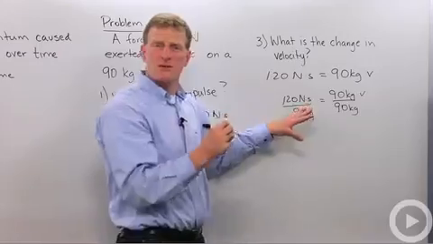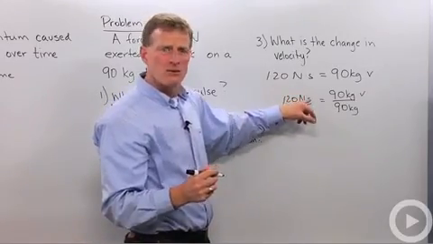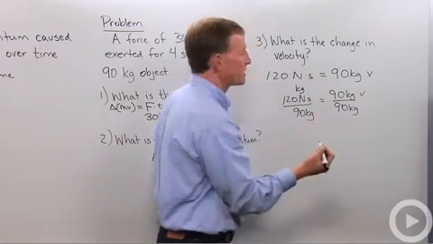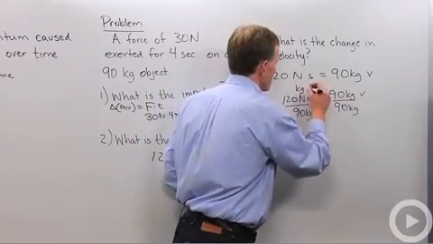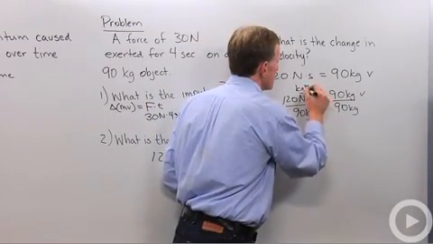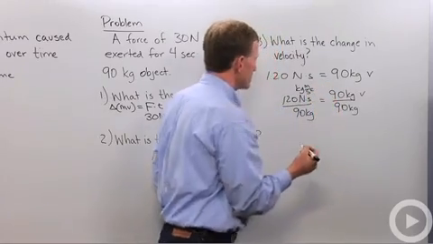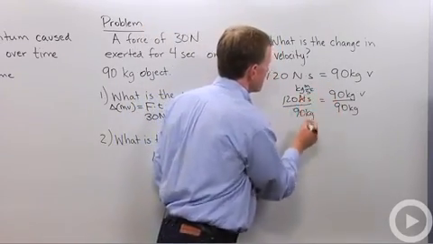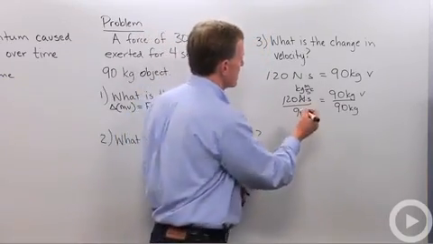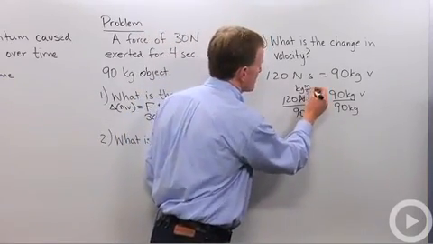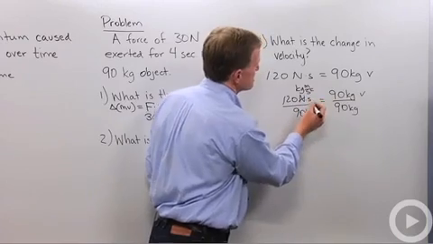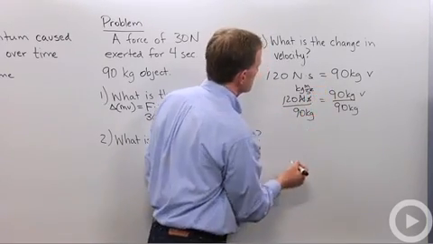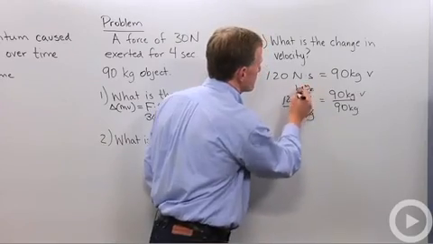Okay? Now the units here, remember, what is a newton? A newton is a mass applied over a distance, kilogram meters per second squared. Okay? So if I convert my newton to that, okay, notice I've got seconds squared over here, and I've got a second, so I can cancel that with one of those, and I can cancel my kilograms with that.